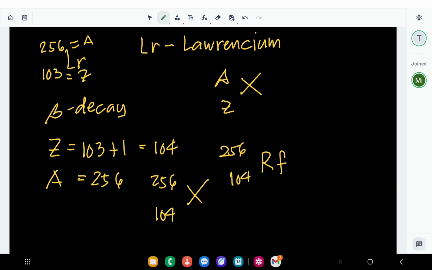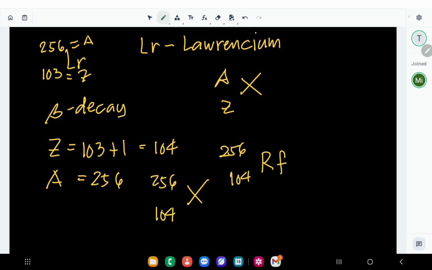You input NO before, trying to say that the daughter nuclide is nobelium. So you change that to RF, and then the atomic number is 104, because it increases by 1.